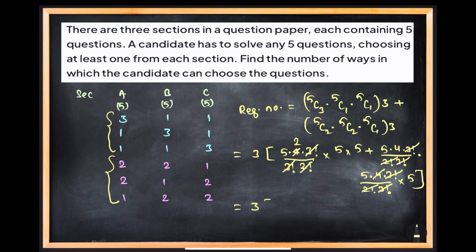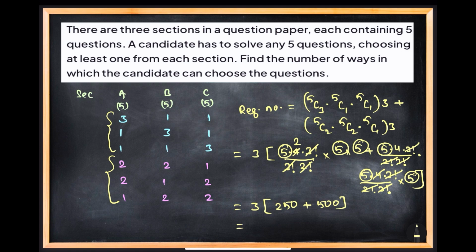We will be having, look at this, 5, 5, 5. So it is 125, 125 into 2 is 250. Correct? Now look at the next case. So it is 5, 5, 5, so it is 125, 125 into 4, so it is 500.